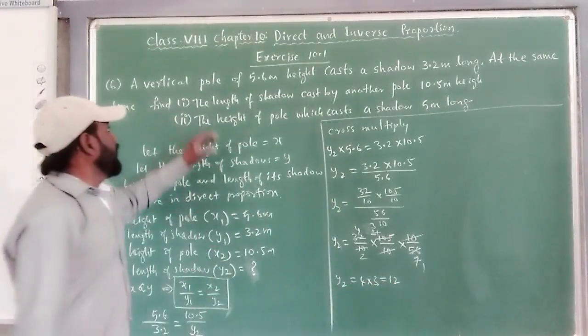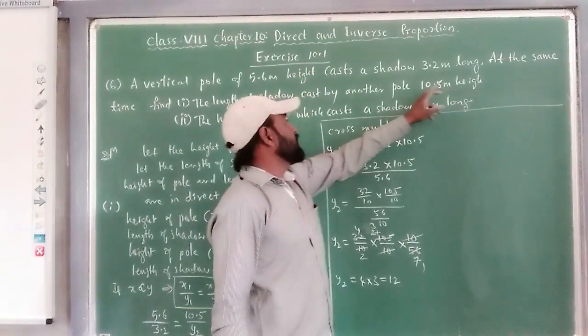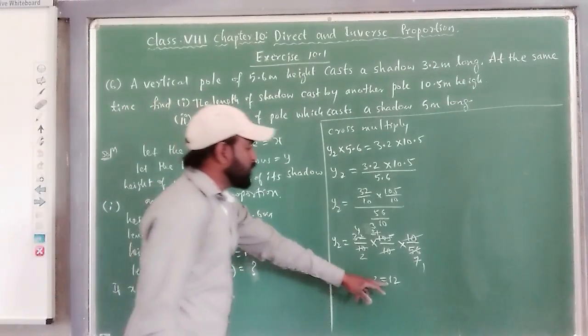That means if the pole height is 10.5 meters, its shadow length will be 12 meters.